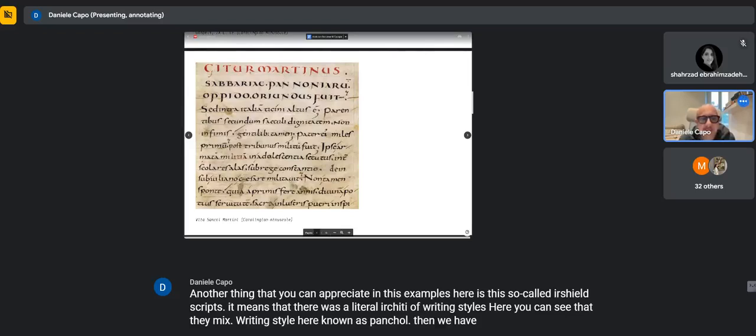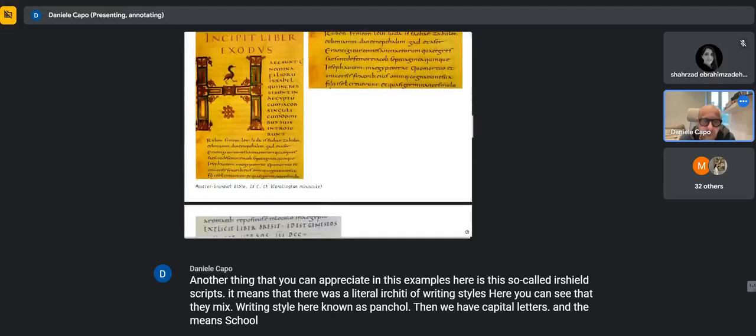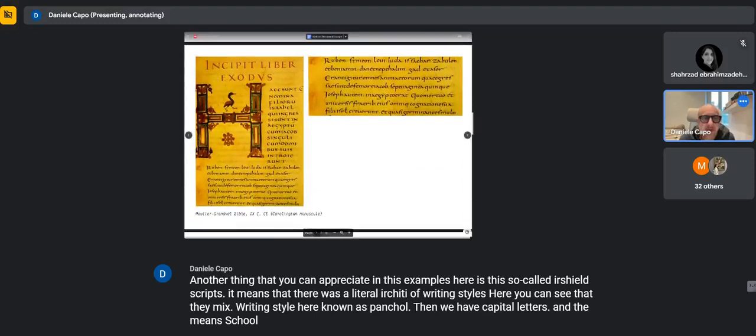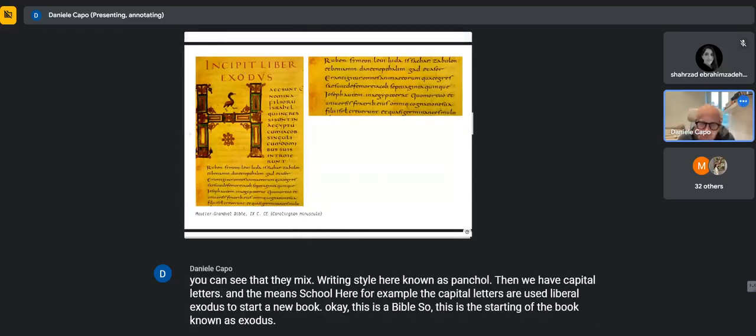Then we have capital letters and minuscule. Here, for example, the capital letters are used, incipit liber exodus, to start a new book. Okay, this is a Bible. So this is the starting of the book known as Exodus.